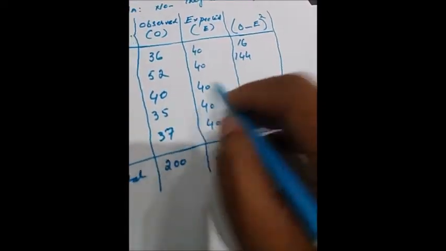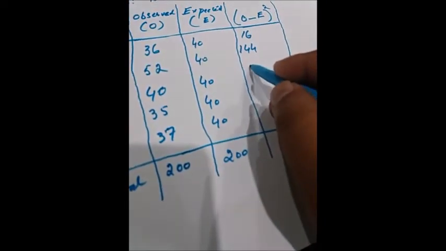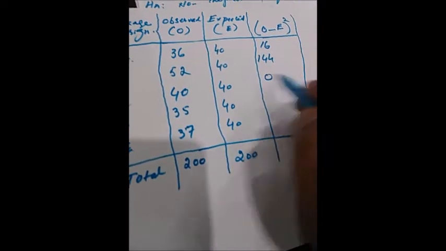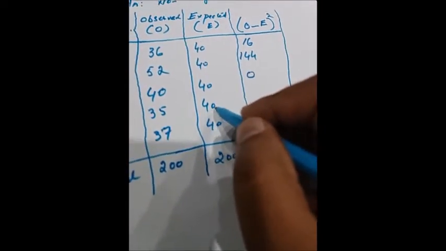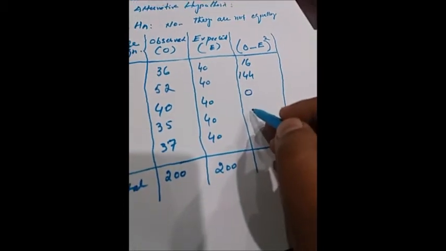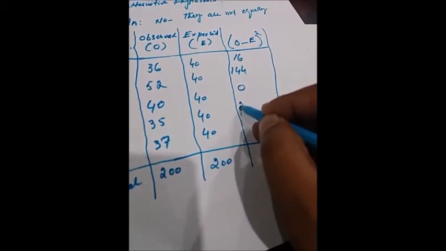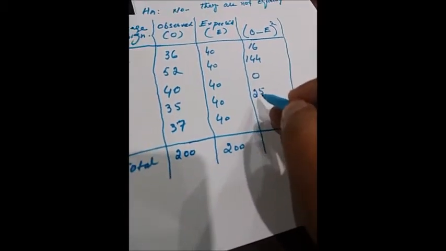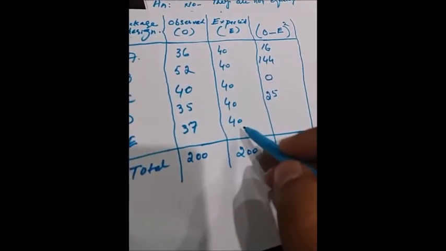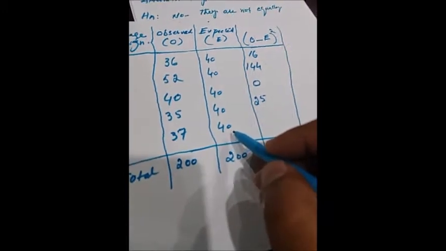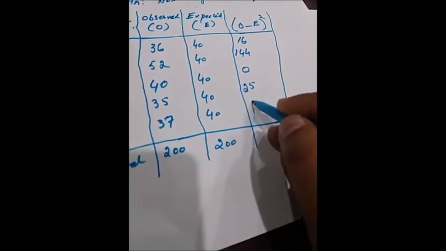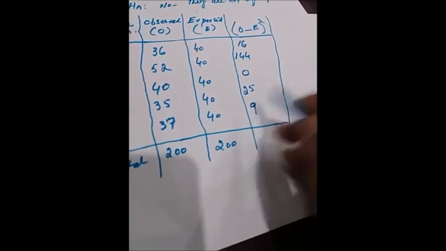Now the difference of 40 and 40 is 0. 35 and 40 is minus 5, and minus 5 whole square is 25. Ignore the minus sign. 37 minus 40 is minus 3, and 3 square is 9.